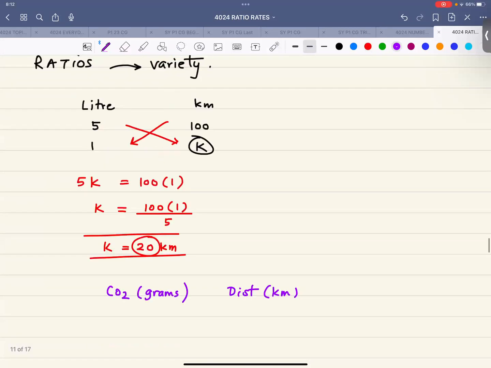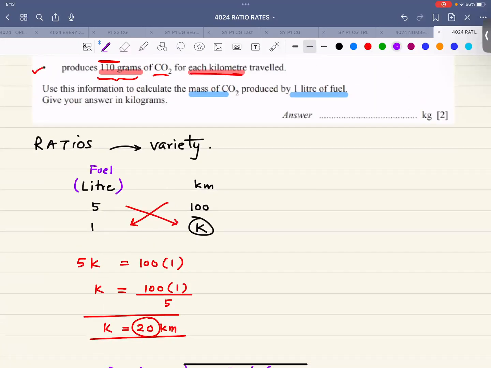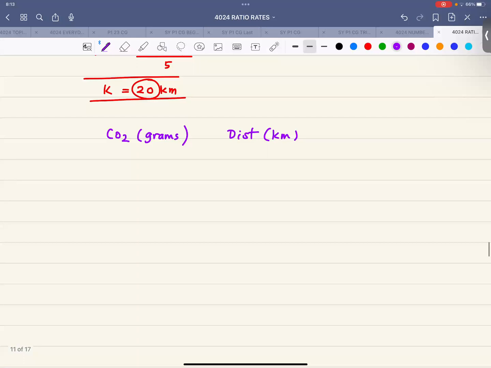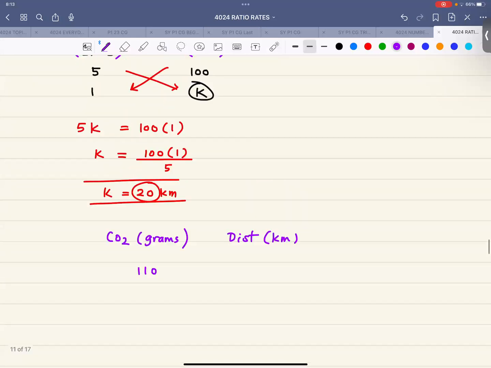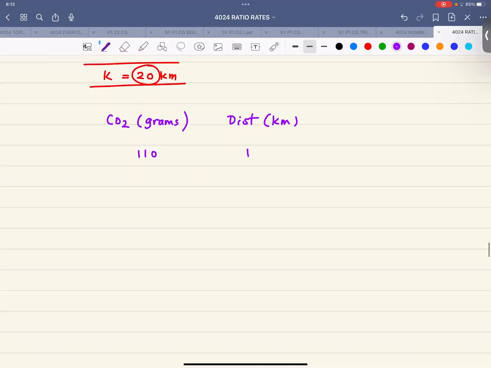Over here, the fuel unit was in liters, and the distance was in kilometers. So this is how it is. Now, when we are talking about 110 grams, for how many kilometers?